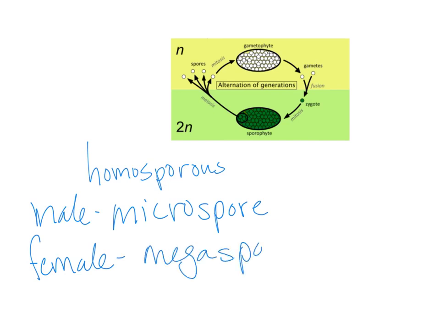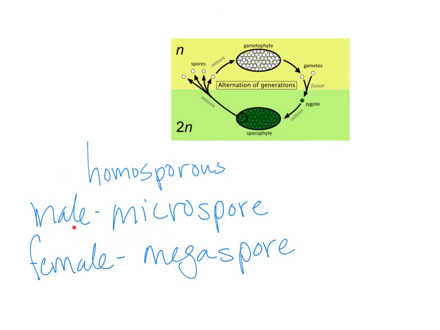Now, like I said, homosporous is a type of plant that produces genderless or bisexual spores and gametes. If a plant produces male and female spores, these are the names of the spores. So ferns are homosporous. Almost everything else will produce micro and megaspores.